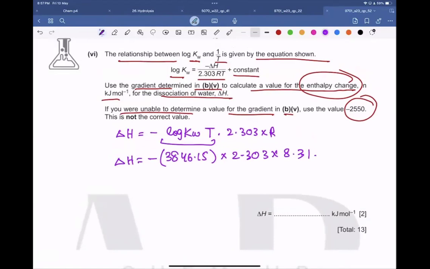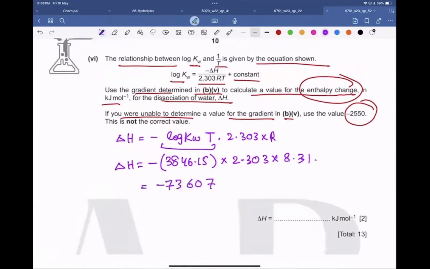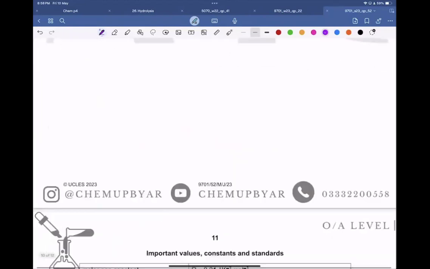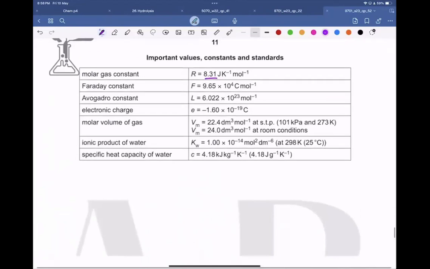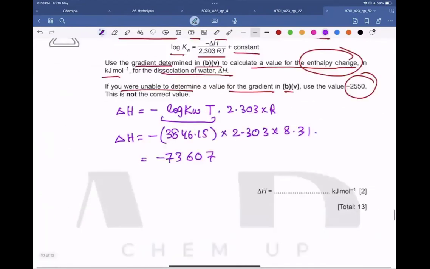It's minus 73607. And in R, it's joule, so the answer we got is in joules per mole, not kilojoules per mole. So I have to divide it by 1000. When I divide it by 1000, it is going to be 73.61 kilojoule per mole. Is this clear to all of you?